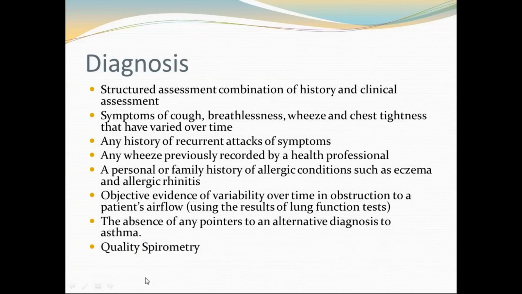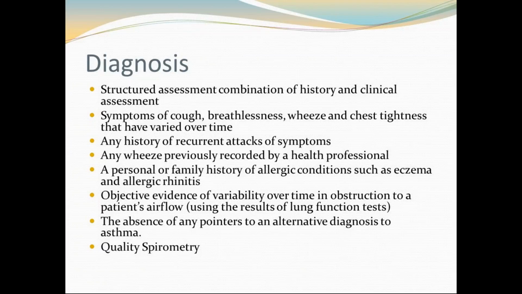How do we know and diagnose? Again, the history and the clinical symptoms, we've talked about all that breathing assessment. Cough, breathlessness, wheezes, chest tightness, recurrent attacks. Maybe there's a family history of allergies or eczema, allergic rhinitis, hay fever. It is quite difficult to diagnose.